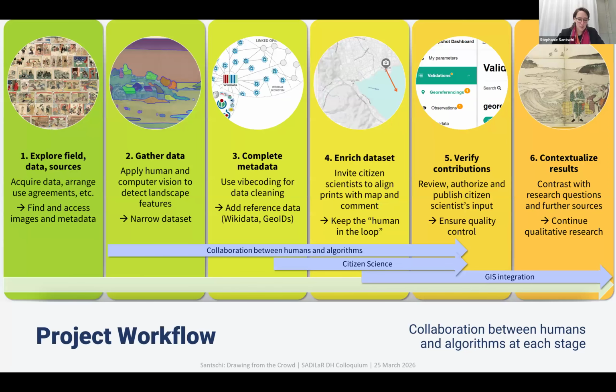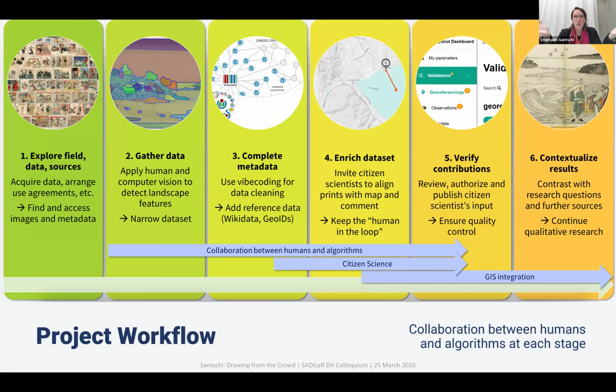And here you can see the full pipeline, and I'll just briefly explain what I did. It makes the methodology more concrete and might be of interest to you in that regard. So, of course, starting the project, I had to explore the field, I had to find out where my data is, if the licenses are available, maybe contact the museums. So really to find and access the images and the metadata.